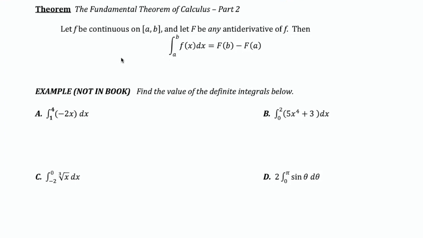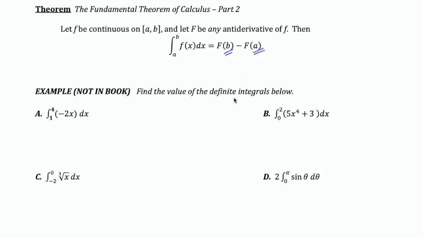So the fundamental theorem of calculus, part 2, this is the one that we rely on most heavily, is: if you have a continuous function, and capital F can be any antiderivative of f, then when you find that antiderivative, you substitute in the upper limit minus the lower limit substituted in.